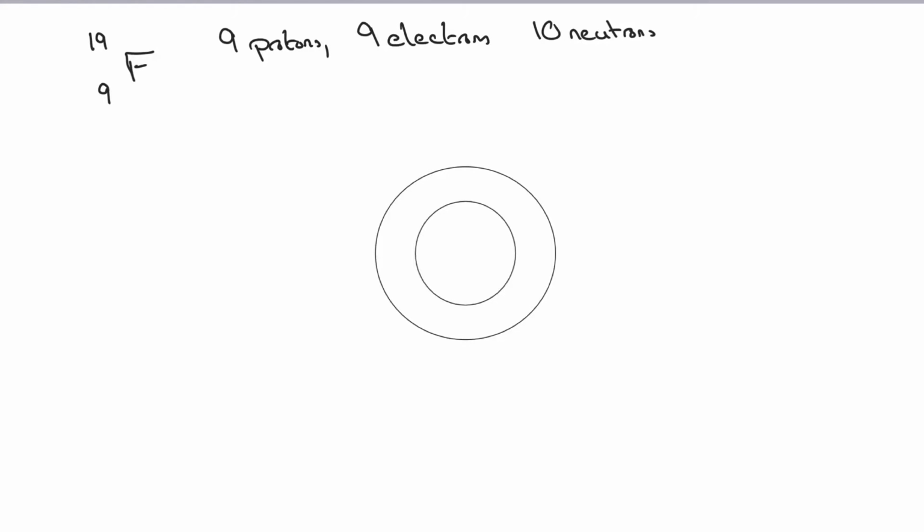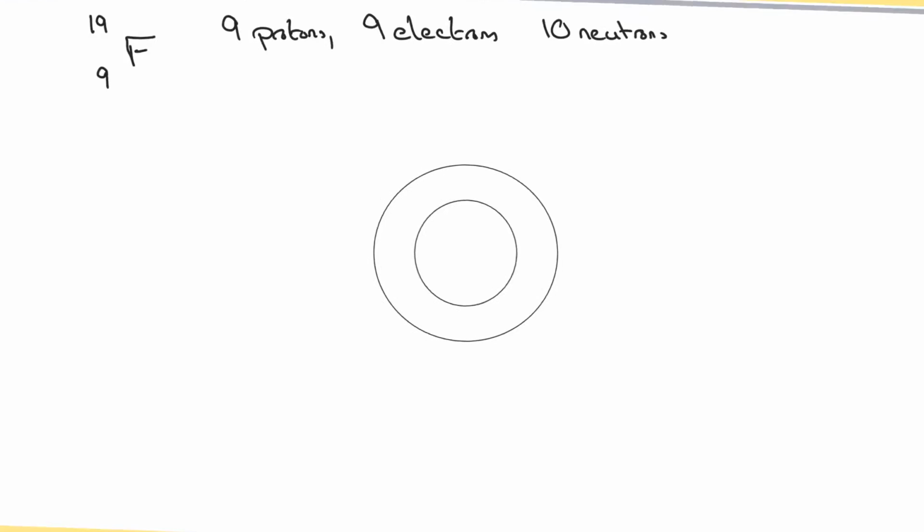So if we look at the nucleus then, we can put our 9 protons and our 10 neutrons in there. And then we've got 9 electrons. Remember, we can put 2 in the first energy level and our remaining 7 in the second energy level, just like that. That's what an atom of fluorine looks like.